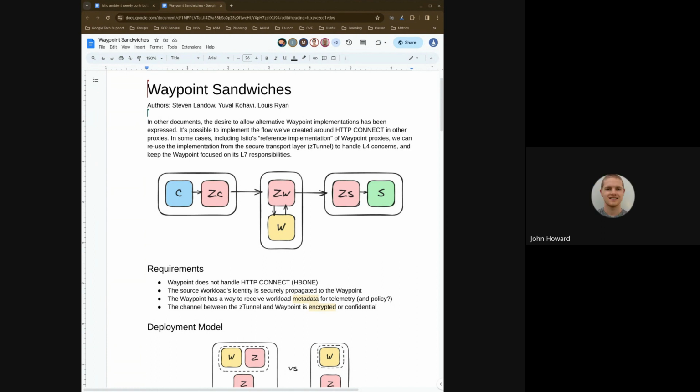But why do we not trust our own zTunnel? So we can choose to do that. They're just degrees of trust, and we could just choose to straight up trust it, which is what Stephen has already implemented.